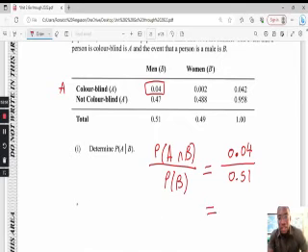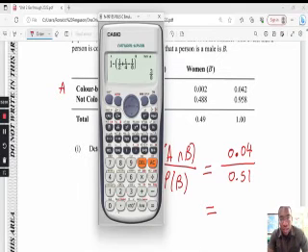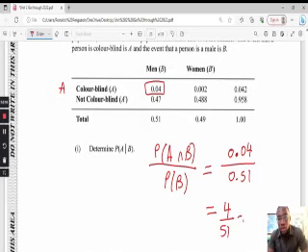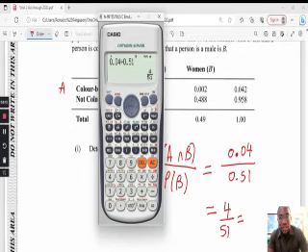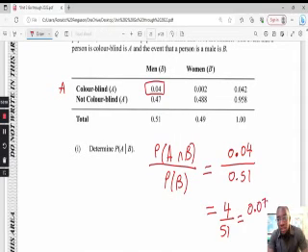I'll punch that in the calculator. 0.04 divided by 0.51 is 4 over 51. But don't leave it like that, give them the decimal since they're giving you decimals. That's 0.0784. Always give three significant figures. That's why I write it like that.